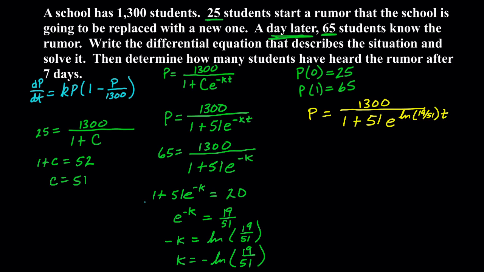Now, the question up here says, determine how many students have heard the rumor after 7 days, which means we're just simply going to plug 7 in for t.